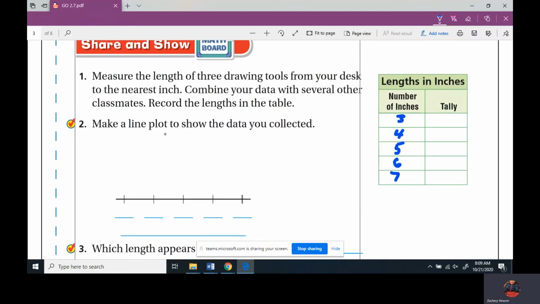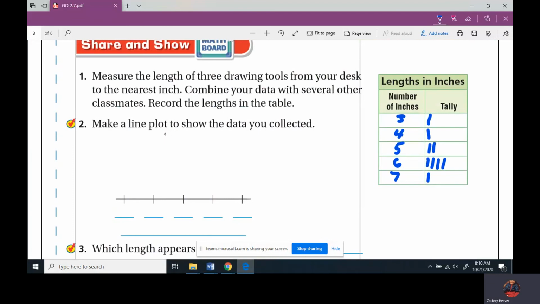I looked around my desk and found things that were 3 inches through 7 inches. I only found one thing that was 3 inches, one thing that was 4 inches, 2 things that were 5 inches, 4 things that were 6 inches, and one thing that was 7 inches.